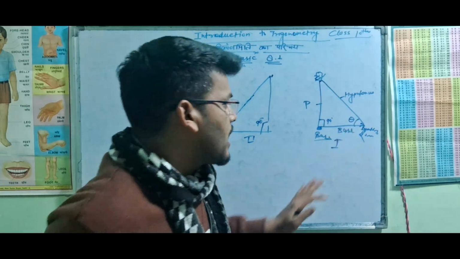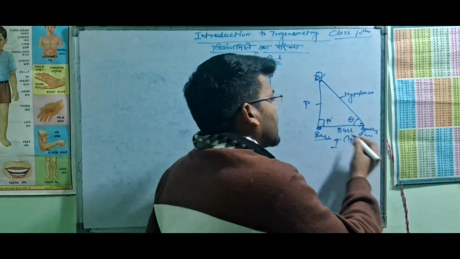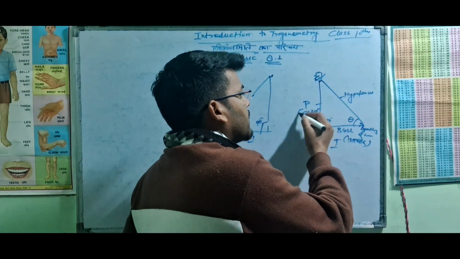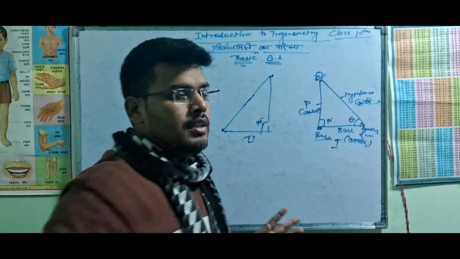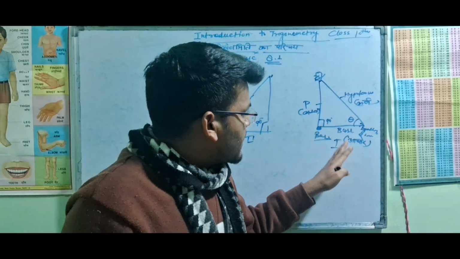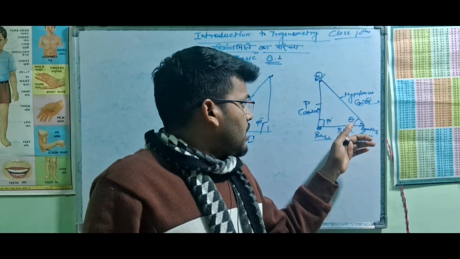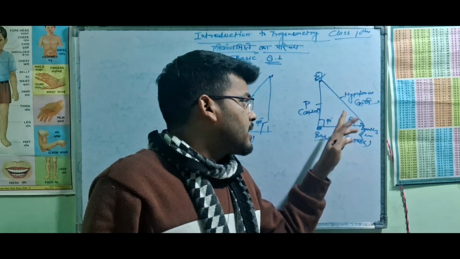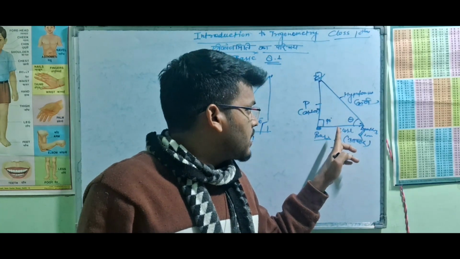Base means आधार, perpendicular means लंब, hypotenuse means कर्ण, right? We can see that the portion where it makes the theta, this portion is called the base, right?